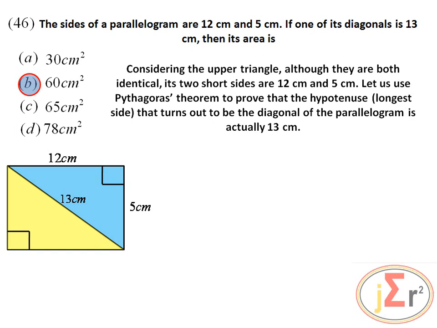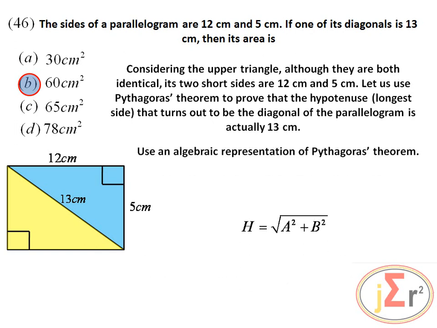We are going to use the two sides, 12 centimeters and 5 centimeters, with Pythagoras' theorem and show that the result is actually 13 centimeters. So we have the algebraic representation of Pythagoras' theorem right there, and we will substitute the lengths of the two short sides of the triangle that we are speaking about. These are the two short sides.